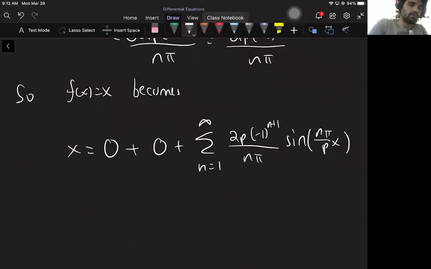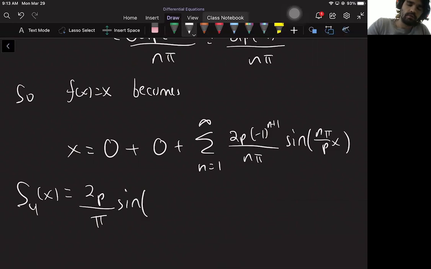And you could write out like the first four terms or something just for practice. So like S4 of x would be plugging in n equals 1, 2, 3, and 4. So let's do that. So 2p negative 1, that becomes squared, that becomes positive 1, over pi sine of n is 1, pi over p x.